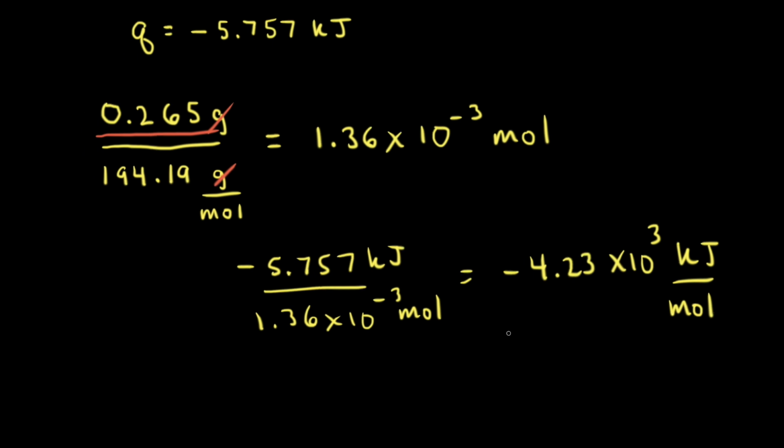So we can say that this is the change in the internal energy for our reaction in kilojoules per mole. And often the change in enthalpy is about the same as the change in the internal energy. So we can say that this is approximately equal to the change in the enthalpy for the reaction as well.